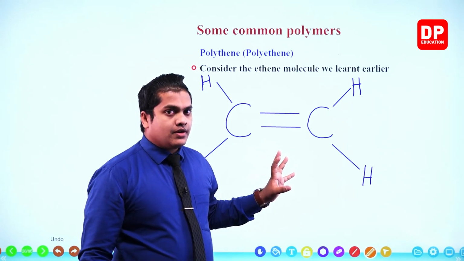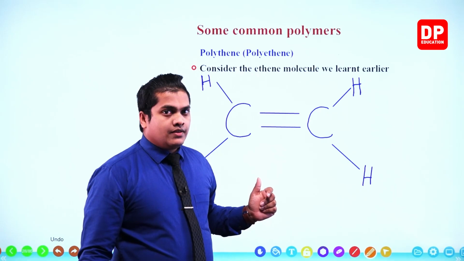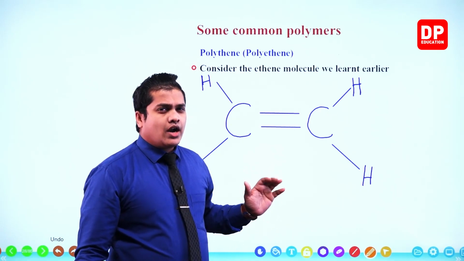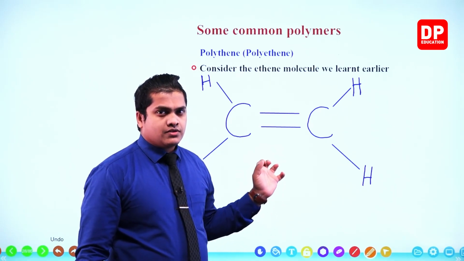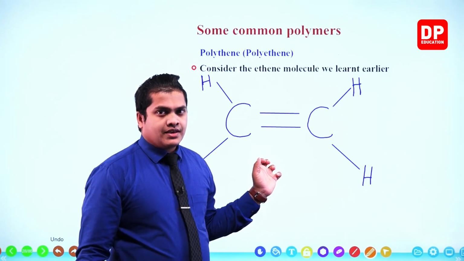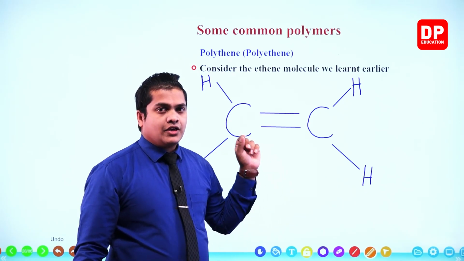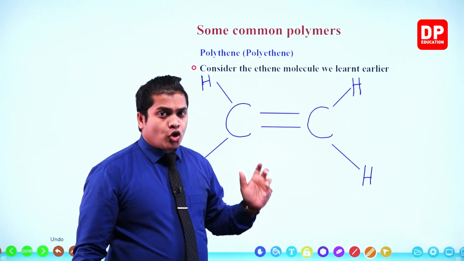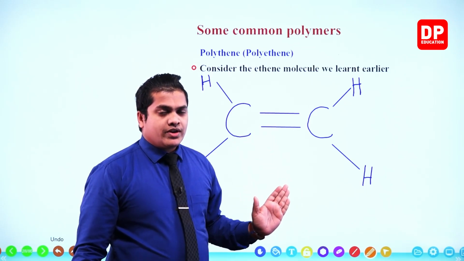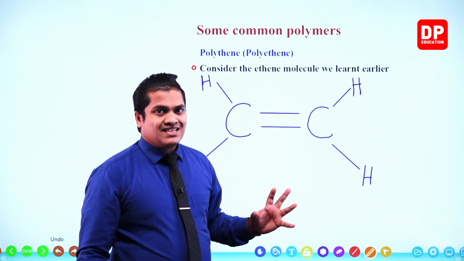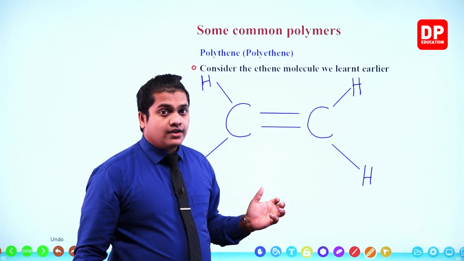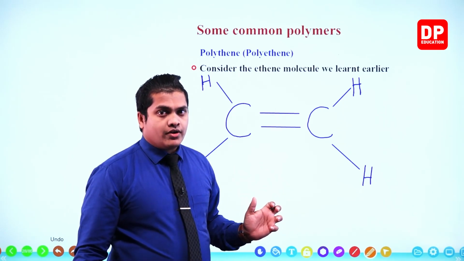So what will happen if I break the double bonds between hundreds and thousands of molecules of ethene? Definitely all of those molecules will join together to create a very large molecule, as they lack a certain bond.